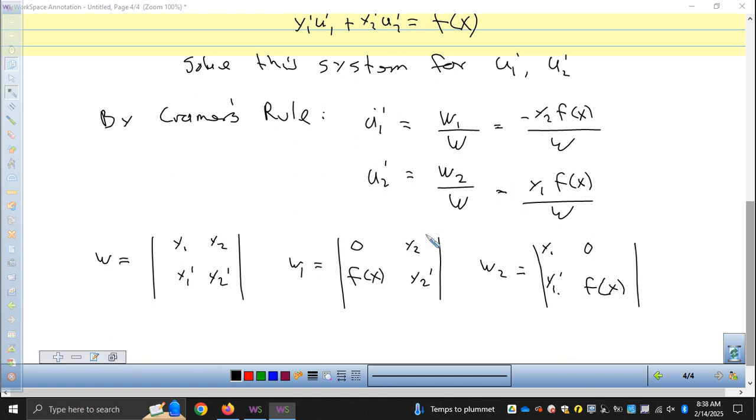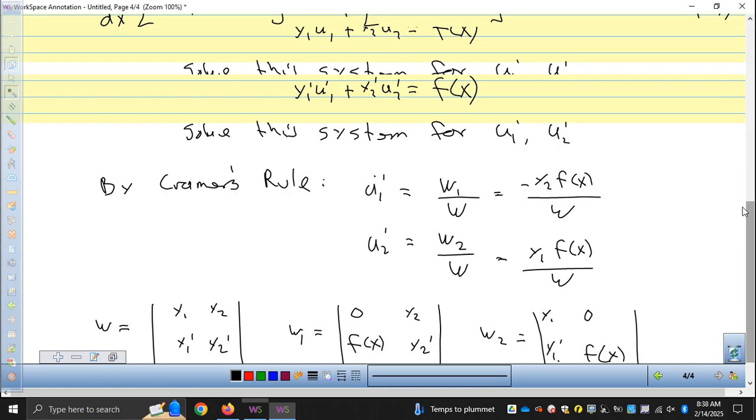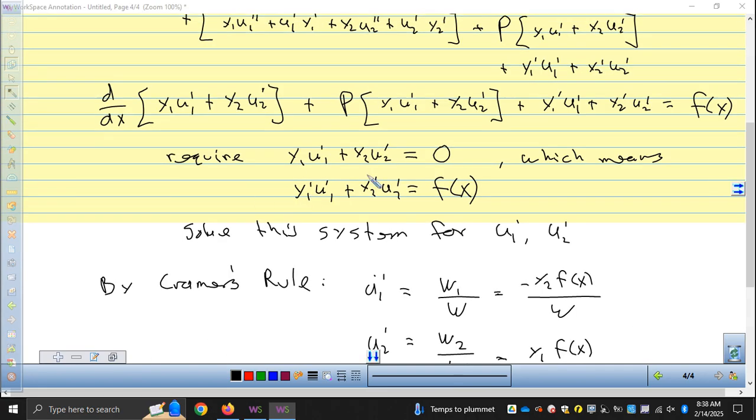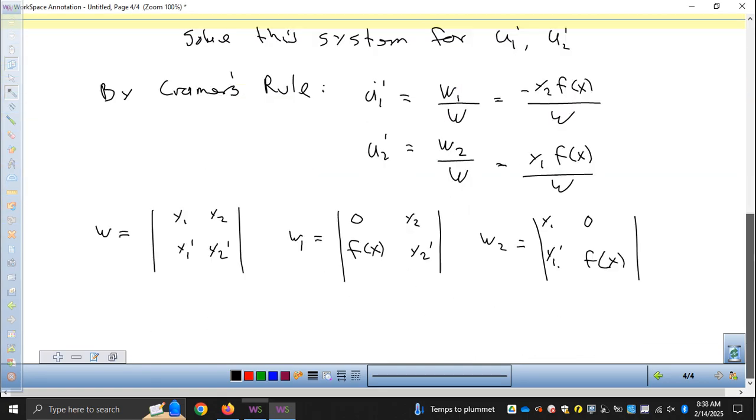So that part is not difficult to see. The variation of parameters was figured out just like this. Yeah, we need a system of two equations. Let's substitute, see what we get, and see what requirements we have to have on those functions.